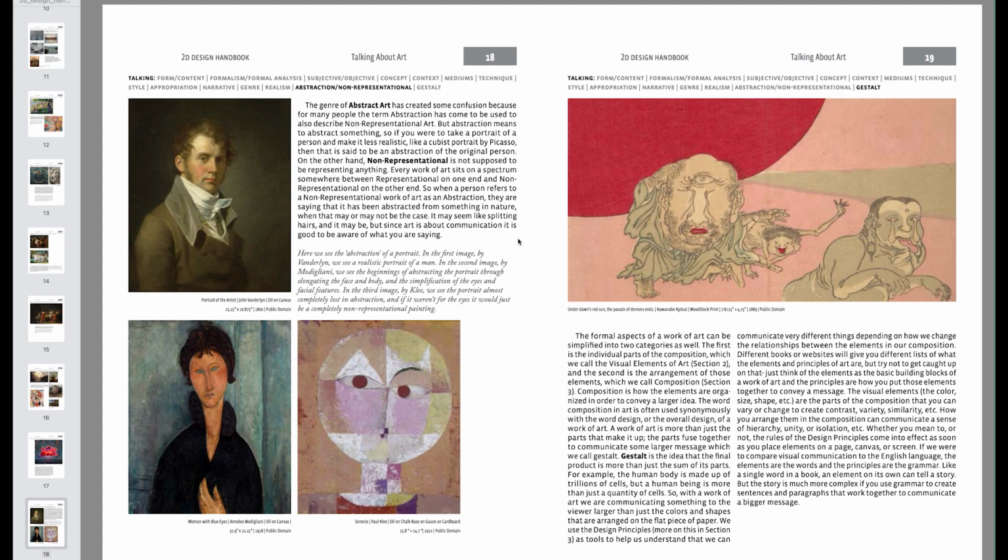On the left, there are three sort of versions of abstraction. On the top left, by Jean Vanderlyn, you might not call that an abstraction.